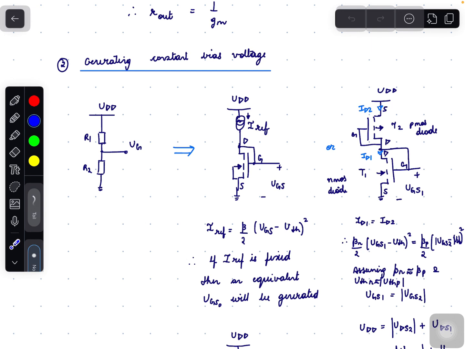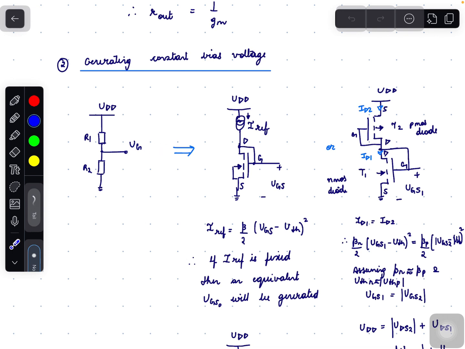First method is using a resistor divider. So here the gate voltage will be equal to VDD into R2 divided by R1 plus R2, which is a fixed voltage. However, due to ripple voltage on VDD, the gate voltage will not be constant.